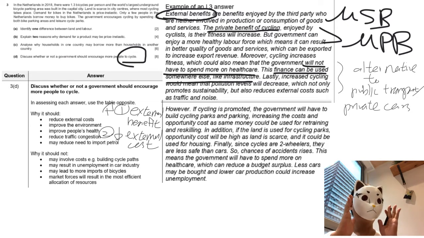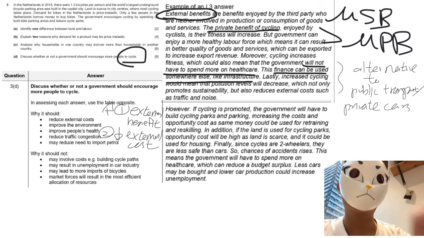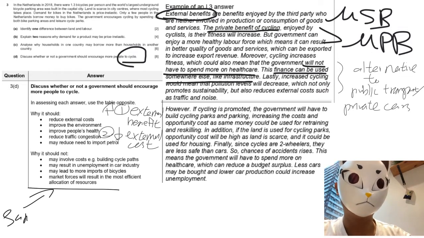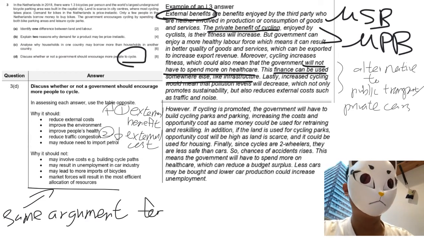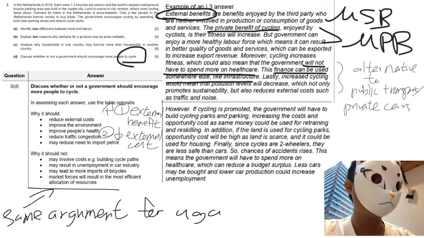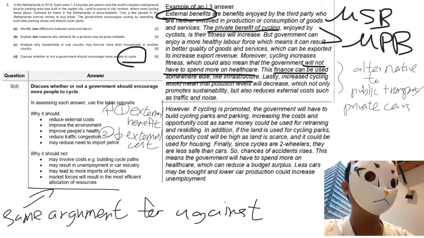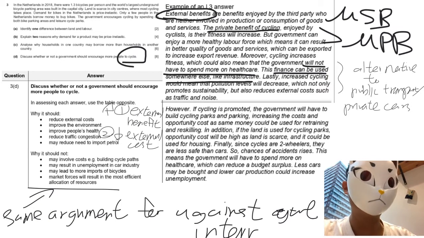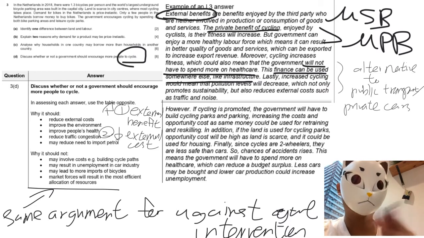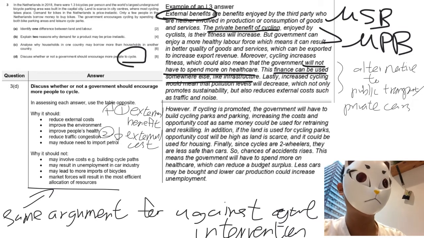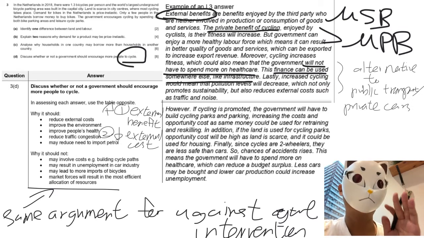But for the argument against the statement, it is the same argument. This is the exam skill. For arguing against government intervention, it's the same. When we study economics, economists always argue that the government should not do it, because there are drawbacks.